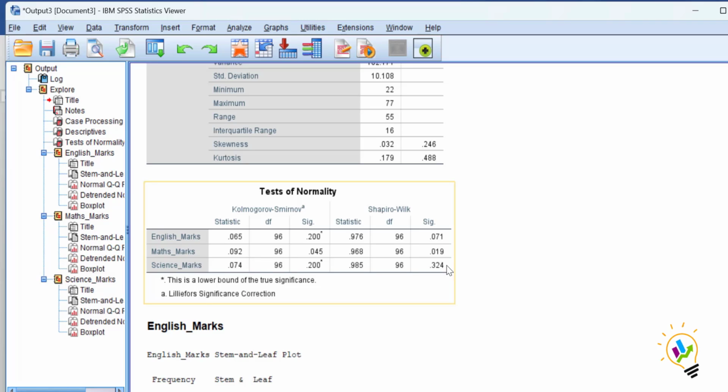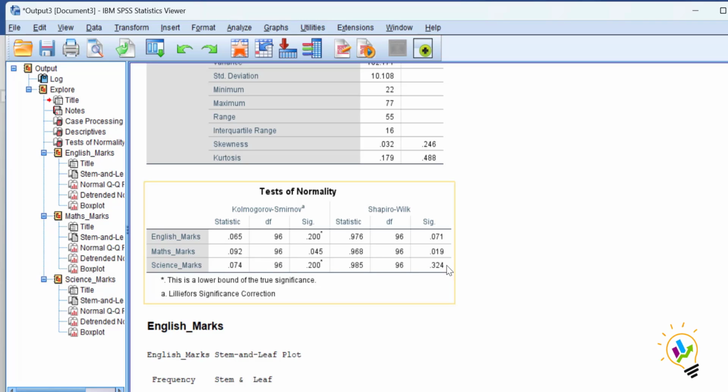Since we have done univariate normality for each subject, now we are going to do multivariate normality combined for English marks and science marks. I'm excluding mathematics marks because we have concluded that its data is not normally distributed.